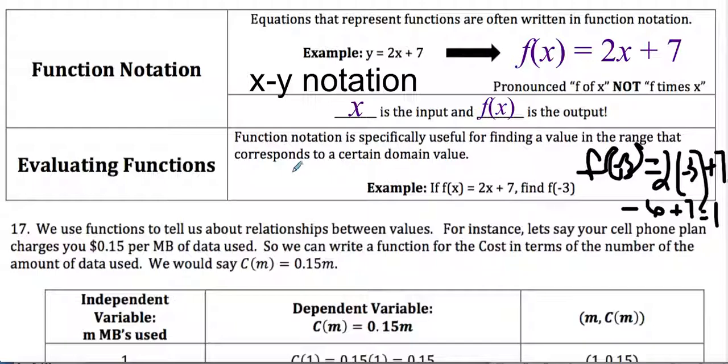So f of negative 3 is equal to 1. So again, 1 is your output when negative 3 is being inputted. So that's our input output. So the corresponding coordinate would be negative 3, comma 1.